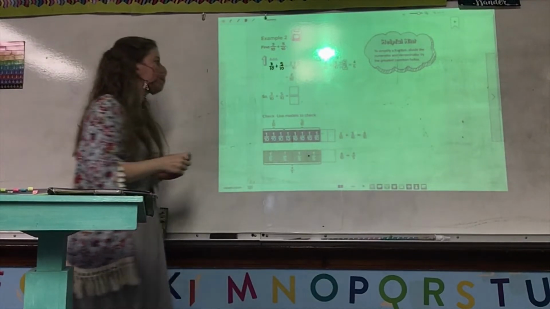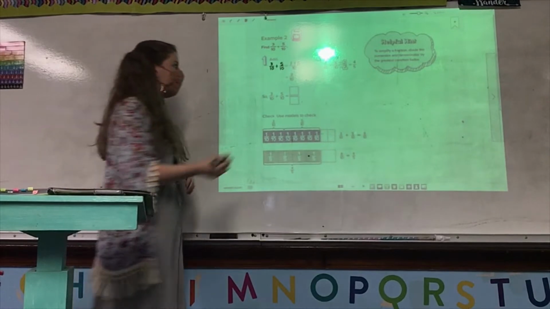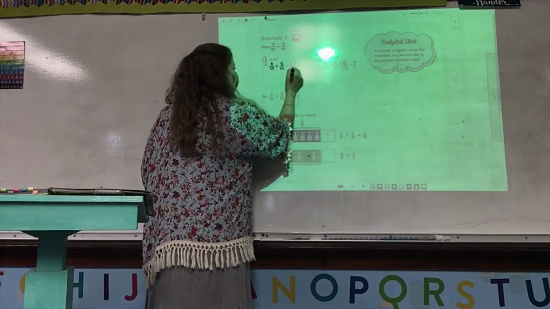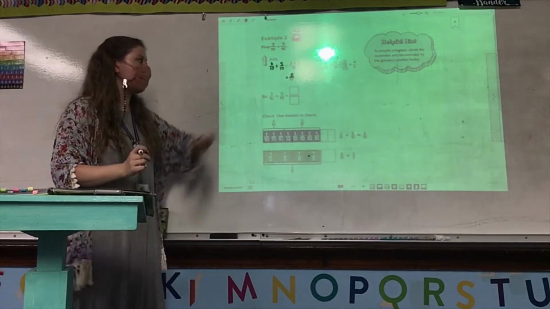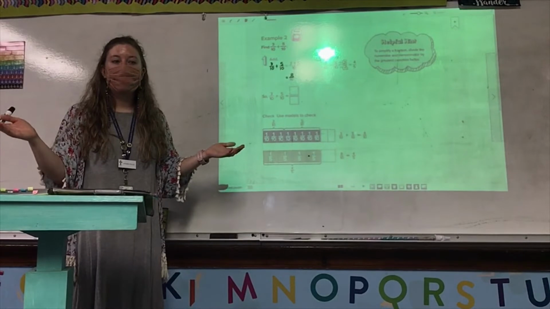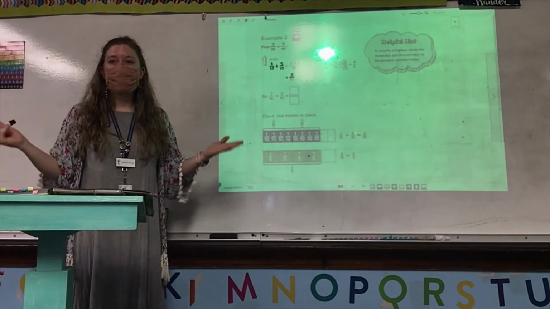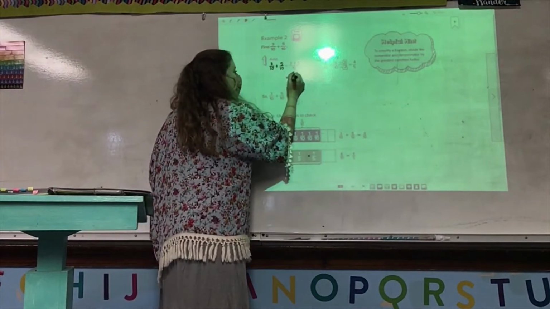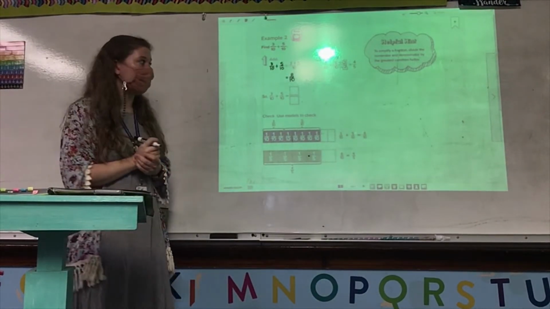Add the numerators. Class, 3 plus 5 is 8. Then, the denominator stays the same. Class, the denominator of our addends is 10. So the denominator of our sum is 10.